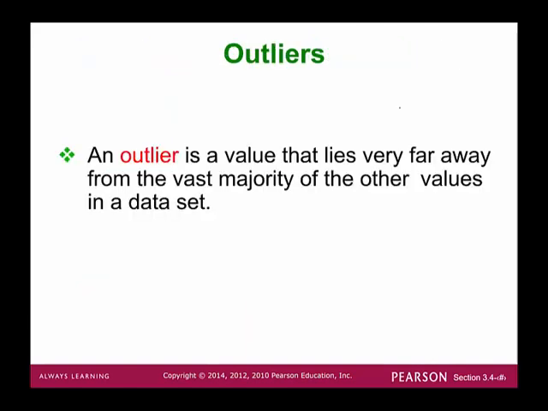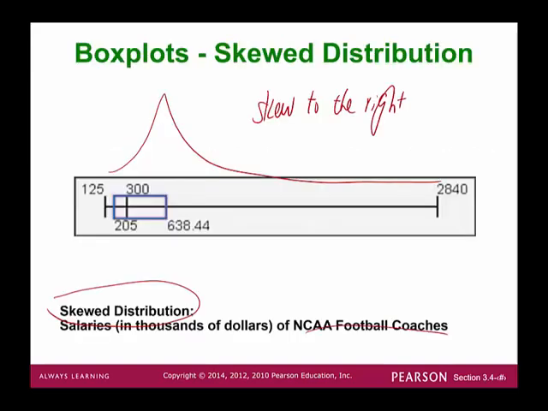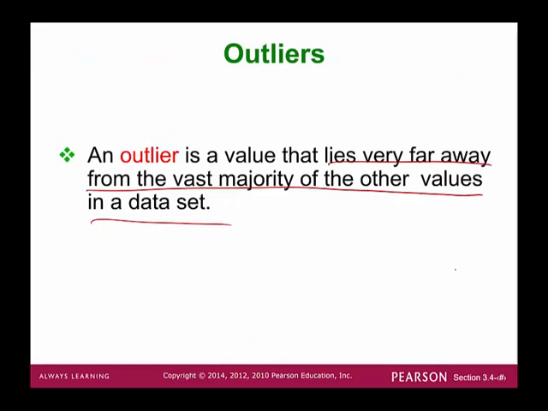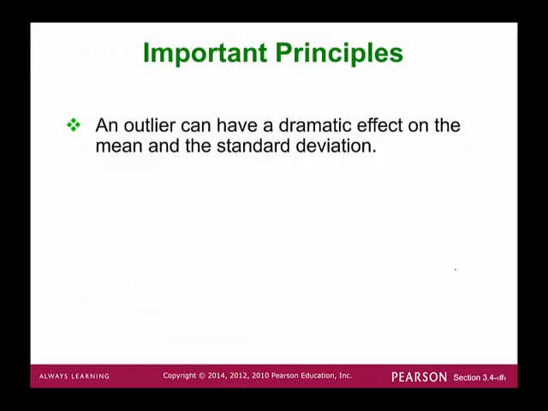And then if you look at the outlier, it's a value that lies very far away from the vast majority of the data values in the data set. So here, if you look at this, probably is some kind of outlier area. Only those famous coaches make a lot of money, and those are the outliers we're talking about. Very far from the majority of data values.